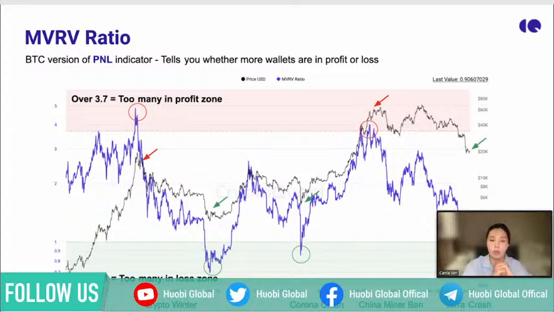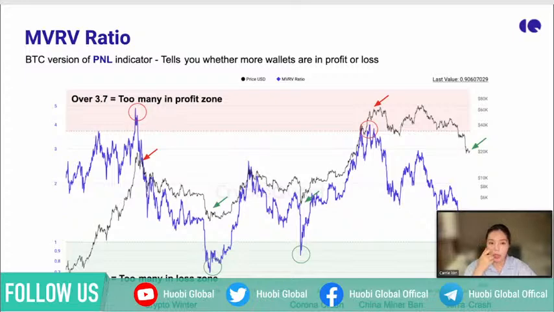You'll probably see people saying, buy when the MVRV ratio is under 1. That's phenomenal, you should buy it right now. And it's actually under 1 right now, but it's your choice. But we can say that usually when it was under 1 and lower, it was the market bottom. And if it's over 3.7, it's usually the market top.